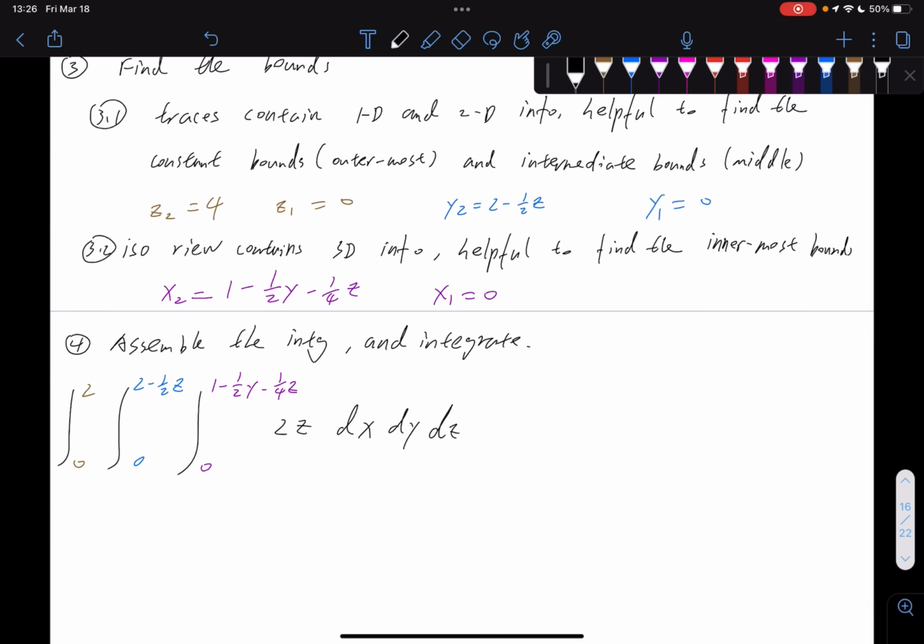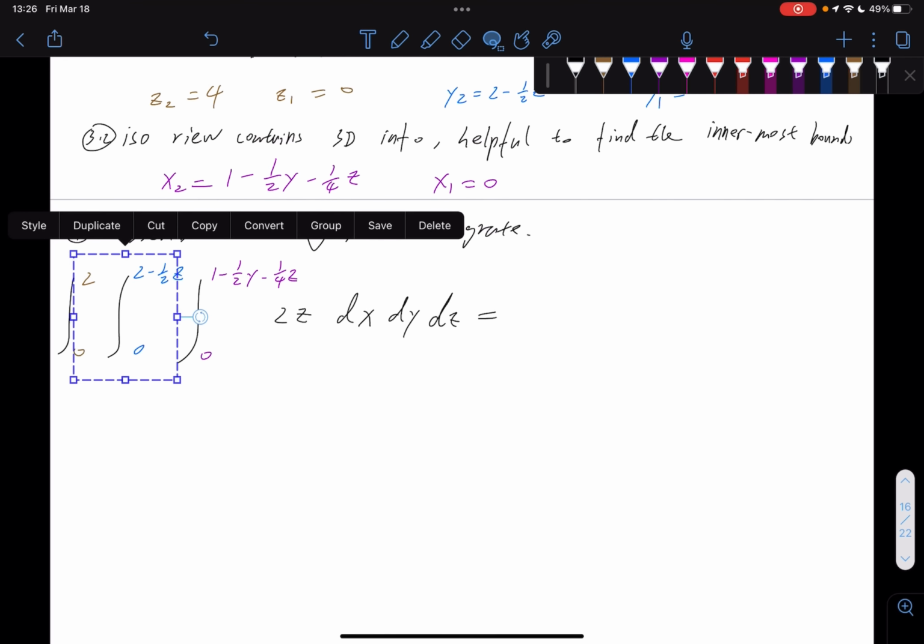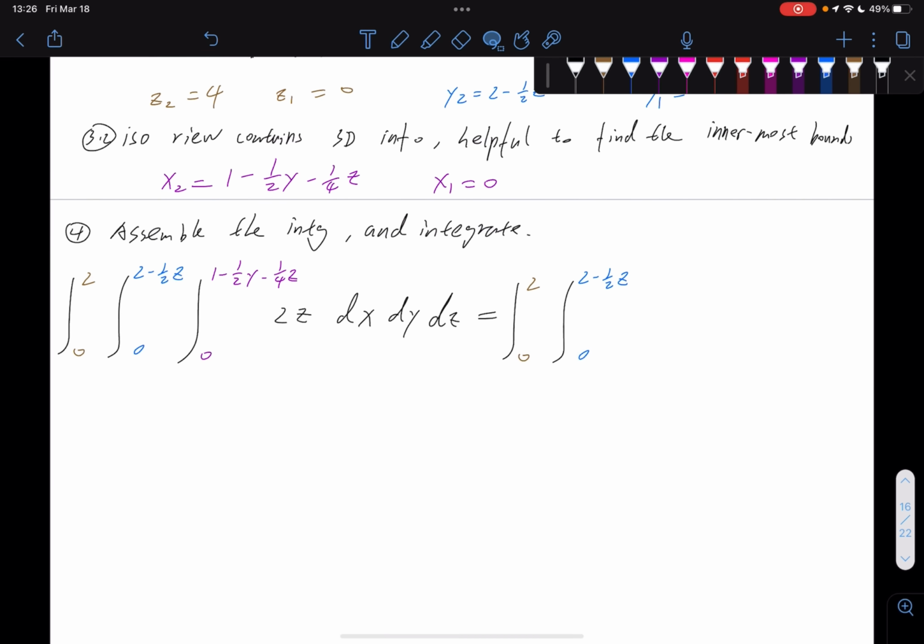So again, to be honest, I can just even move the z all the way out, right? But let's not be so quick. Let's just integrate. So 2zx, right?